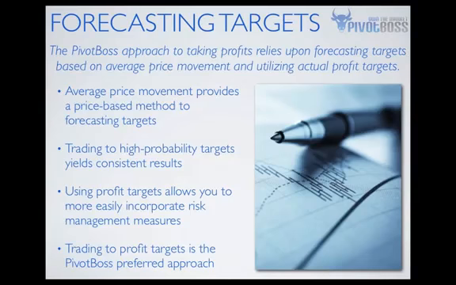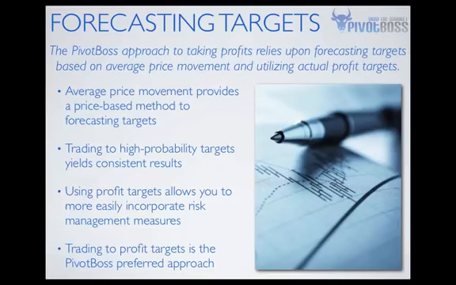Trading to high probability targets yields consistent results, and that is what happened in my real life trading. When I was able to identify high probability targets using the ADR method, what's now known as the ADR method, I was able to consistently book profits, and that is very important.